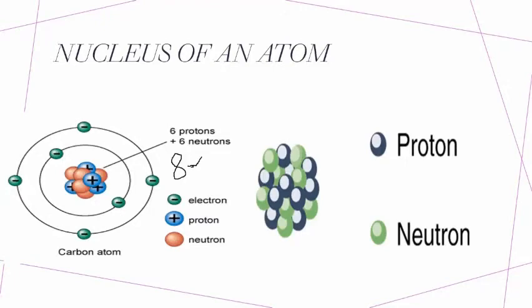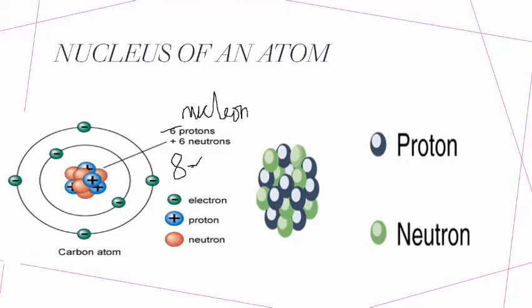The electrons' mass is negligible, we know that, and the protons and neutrons constitute majorly the mass of the whole atom. The protons have the positive charge, and the protons and neutrons are collectively called nucleons.